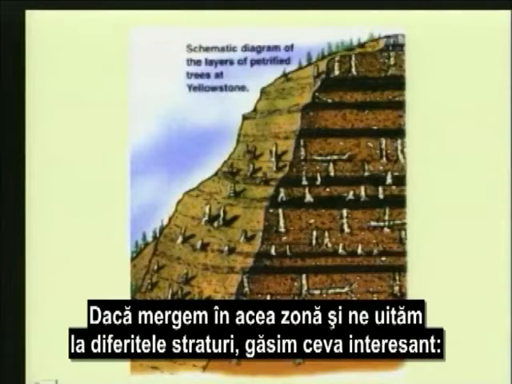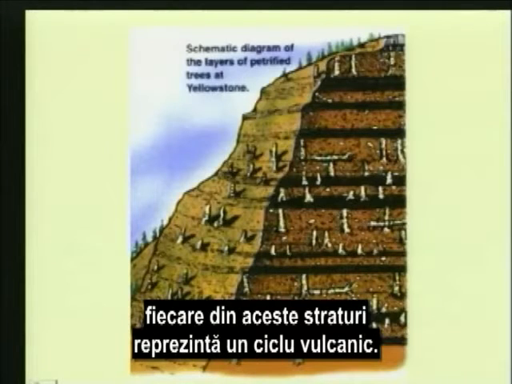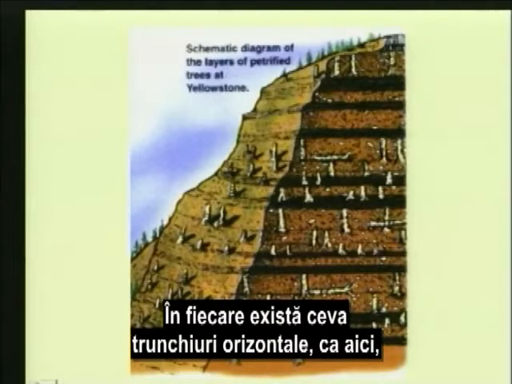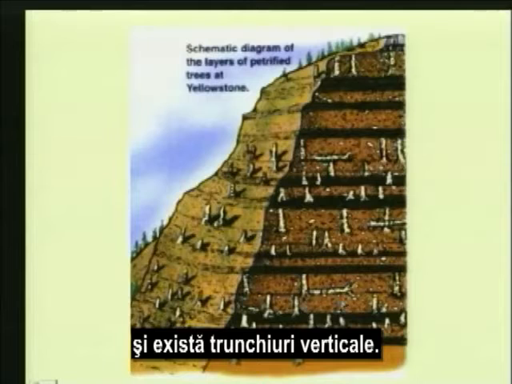So if we go to this area and we have a look at the various layers, we find something exciting. Each one of those layers represents one volcanic activity. In each one of them you have some horizontal trees like over there, and you have some vertical trees.